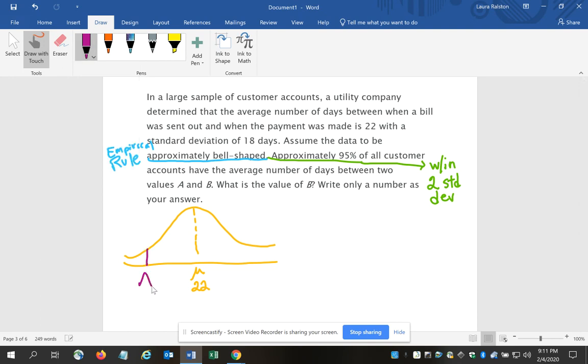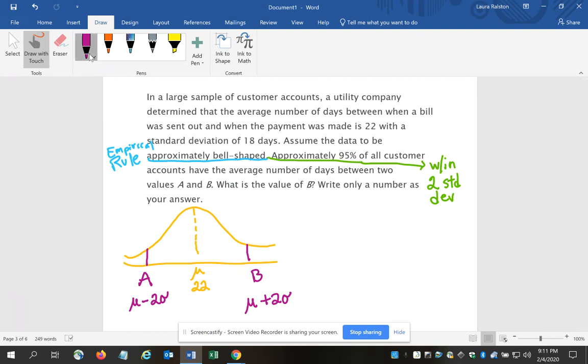So I have some value A that would be the mean minus two standard deviations, and a second value B, which would be the mean plus two standard deviations. I'm using two standard deviations because it said approximately 95%.